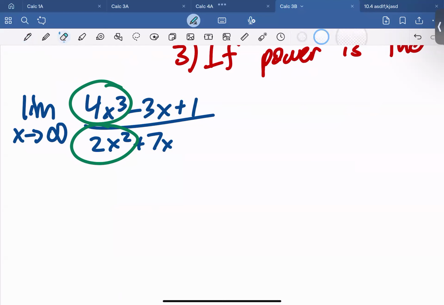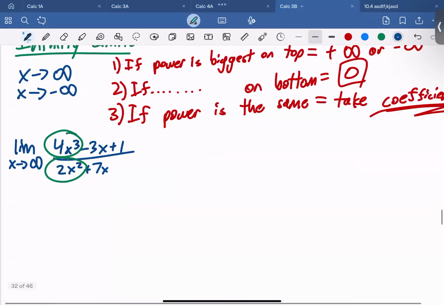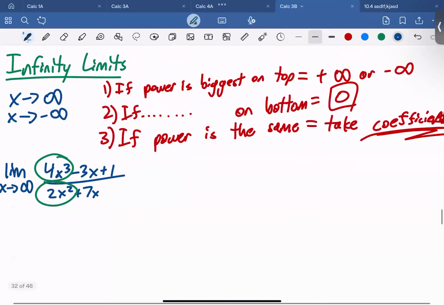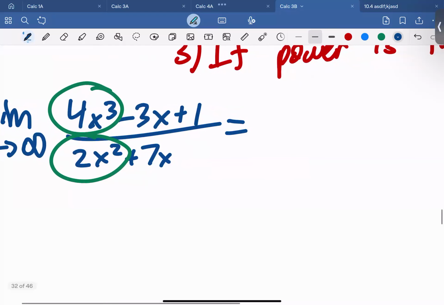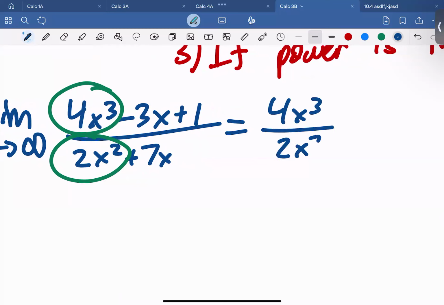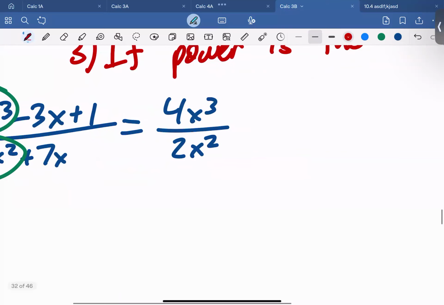Okay, so going with our checklist on top right here, if the power is biggest on the top, which it is in this case, you are going to be either positive or negative infinity for your limit answer. The way to do this is take both your biggest powers, the top and bottom, like this, and then you're going to reduce these powers as much as you can.